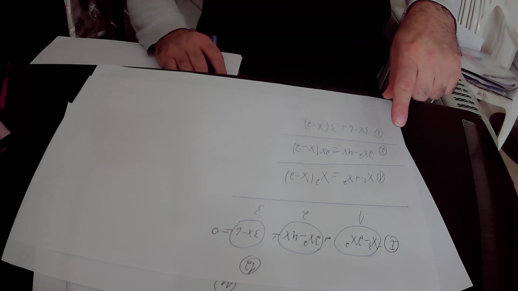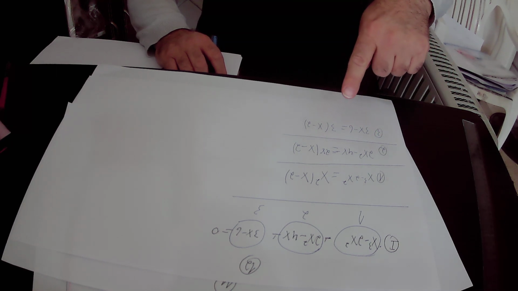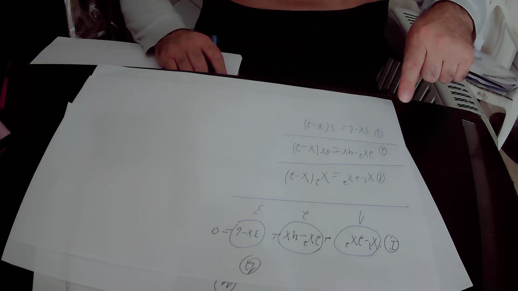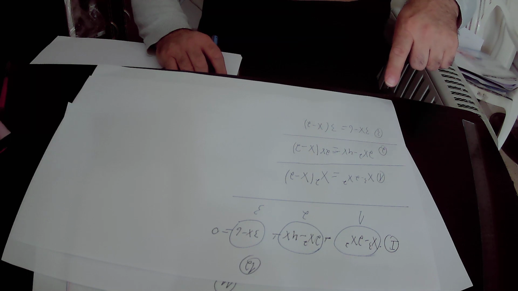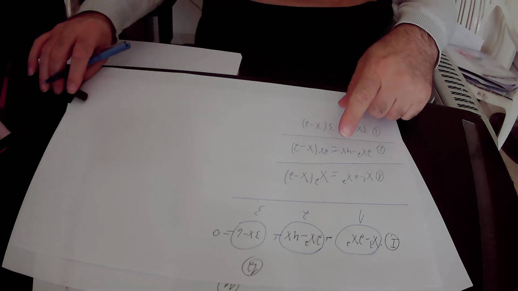So we will substitute the 3 expressions by their 3 identities, and we know that the sum of the 3 expressions equals 0.